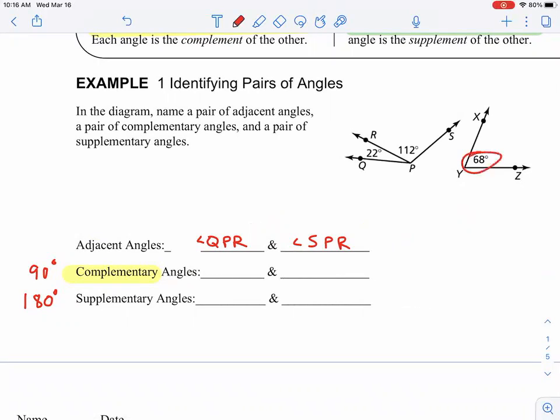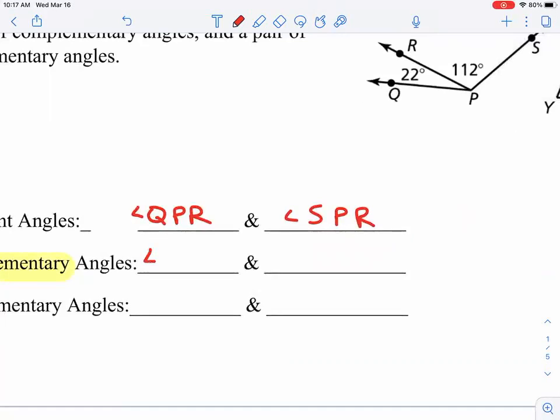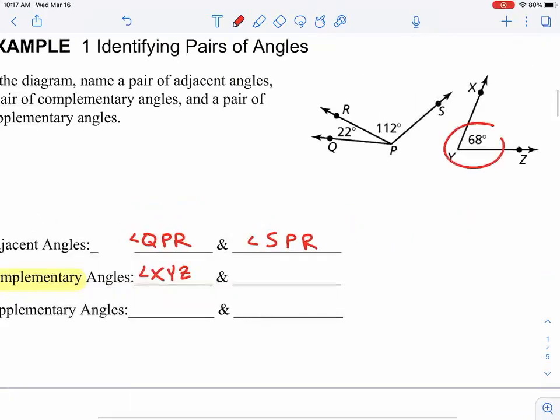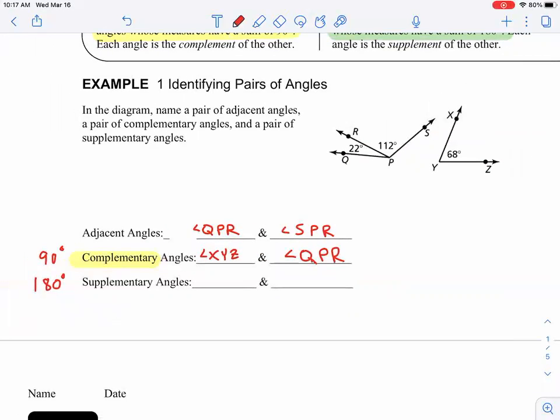Well, 68 plus 22 is 90. Therefore, we would say angle XYZ, because that was 68, and angle QPR, because that was 22. Those two angles add up to 90. Therefore, they are complementary.